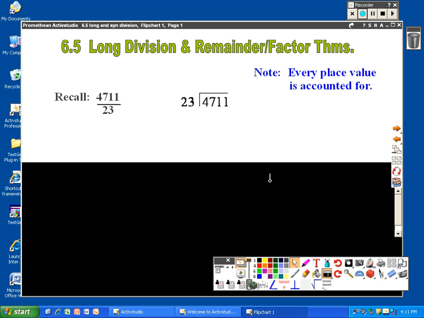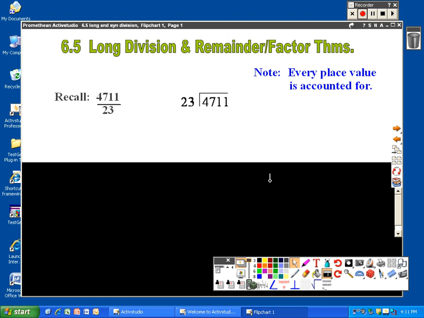And I have picked the problem 4,711 divided by 23. So 23 is my divisor, and it is dividing into the dividend of 4711. And our job is to find the quotient.